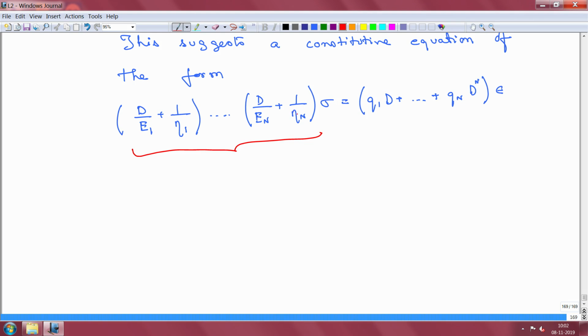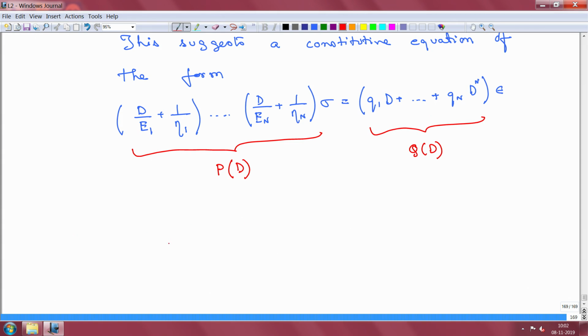So, this is also effectively a polynomial in the operator D, with the highest power being capital N again in this case. So, the highest powers on both sides for the operator D are the same. So, what we can say is that this is actually some polynomial p of D, and this is some polynomial q. Okay. So, this is sort of an abbreviation for this entire polynomial.